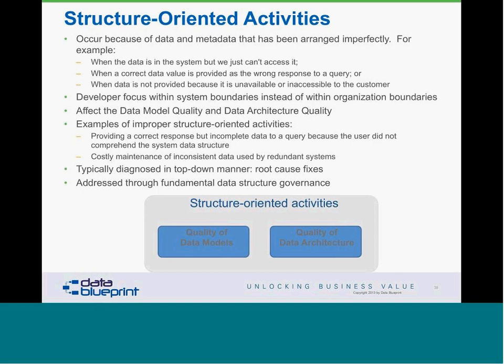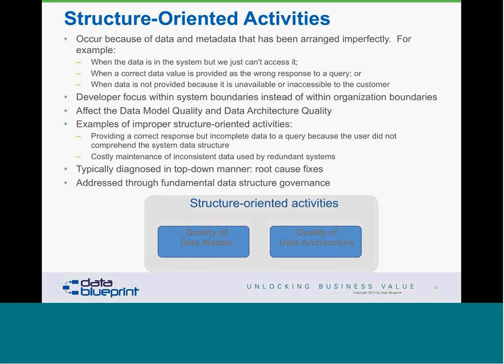The structure-oriented activities, however, occur because the data and the metadata have been arranged imperfectly. And this means that even if you do a terrific job with your practice-oriented activities, if your structure is flawed, you will not be able to get data that is fit for use.